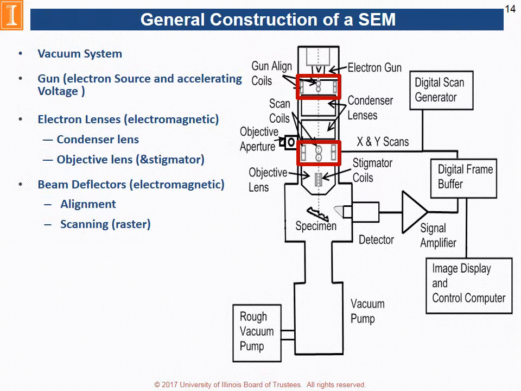Beam deflectors. In order to get a good image, we will need the beam deflector to align the electron beam along the optical axis. And then, of course, we will also need the beam deflector to control the probe so that it will scan in the area we want.